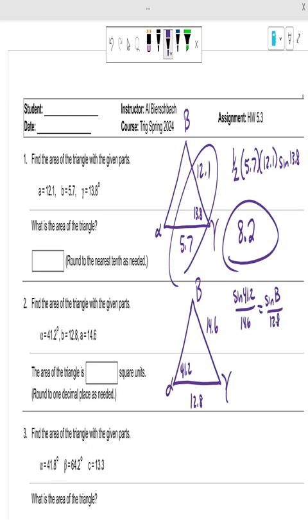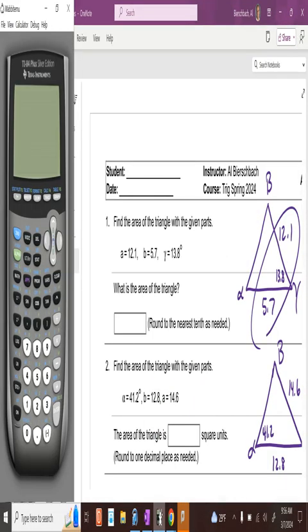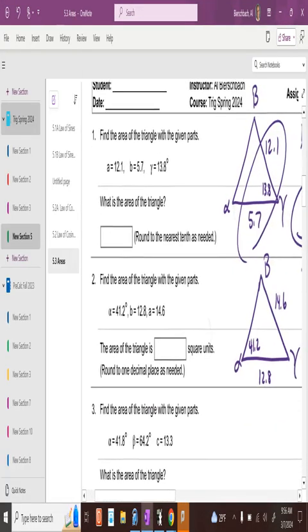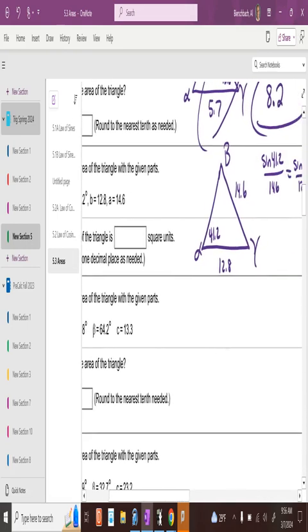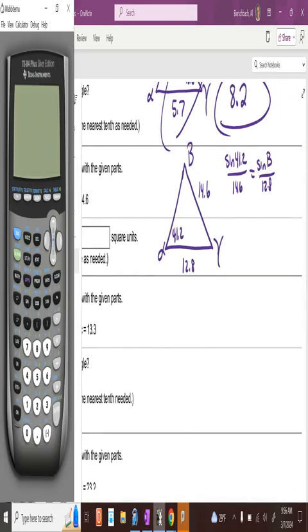So 12.8 times the sine of 41.2, press equals, divided by 14.6, press equals, inverse sine of the answer.